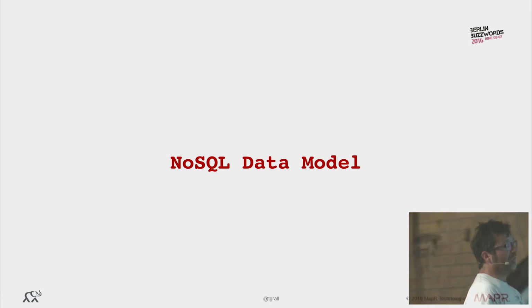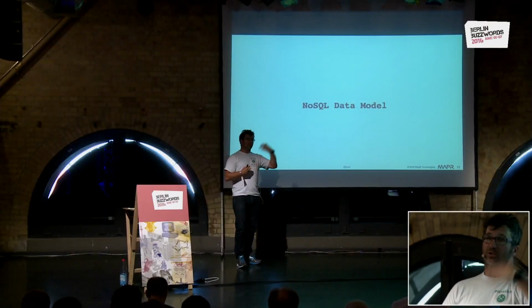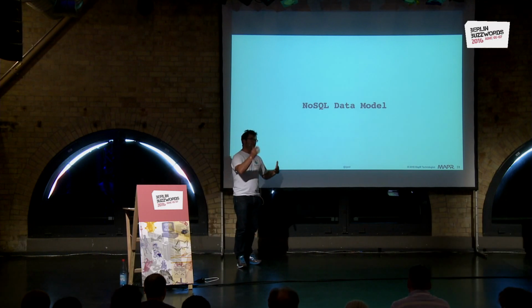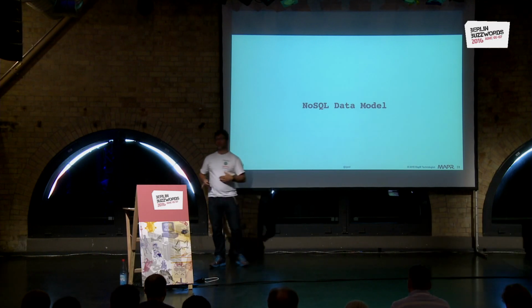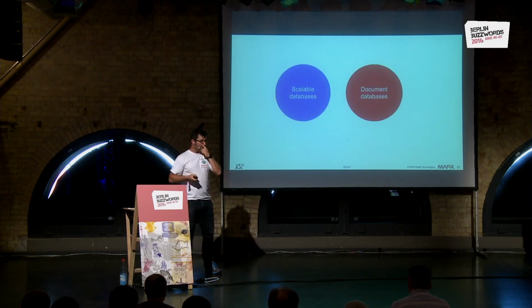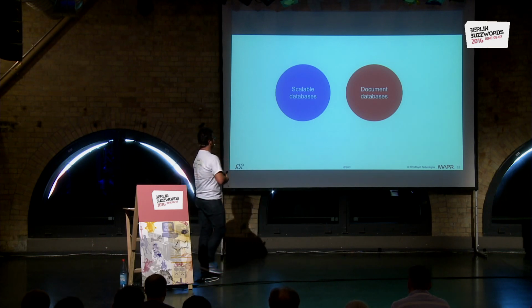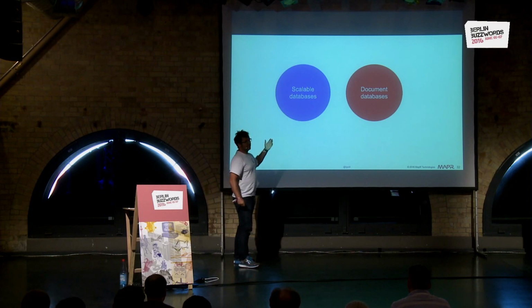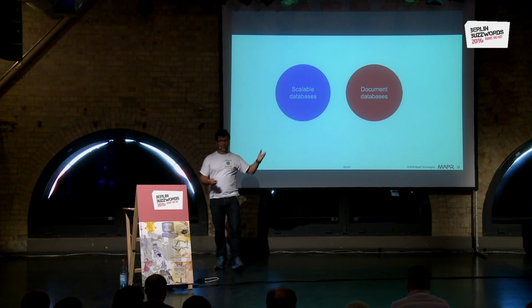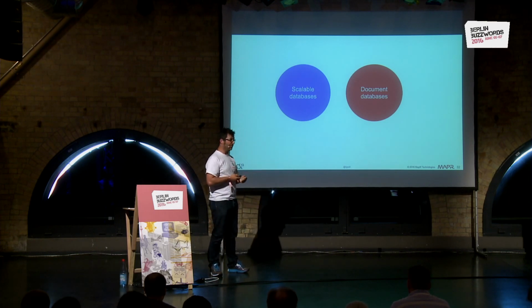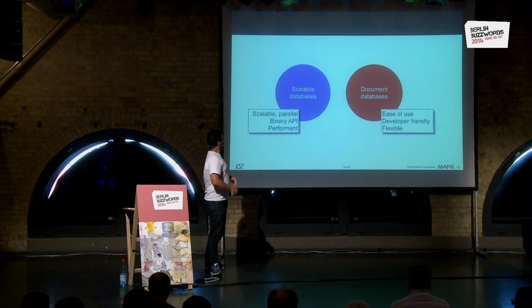So what you see here is I use a mix of columnar-oriented information, so all the attributes, and a JSON document. So what we see on the market of NoSQL today is you have very scalable databases, and you have less scalable databases, usually document ones.